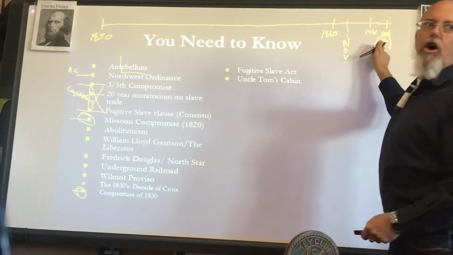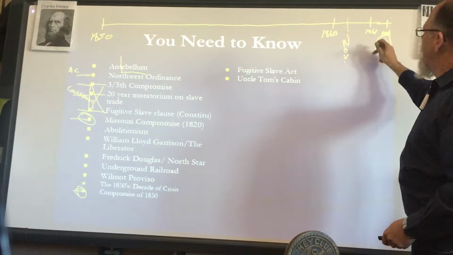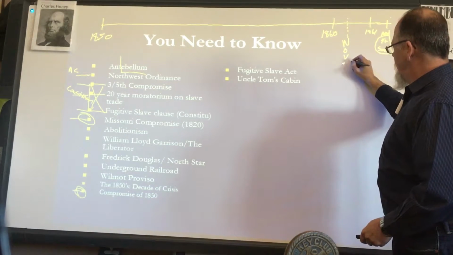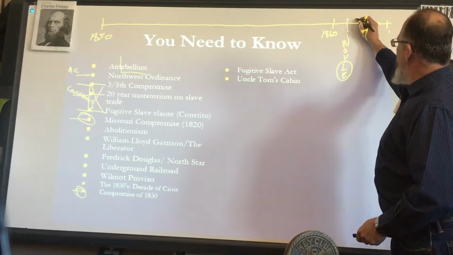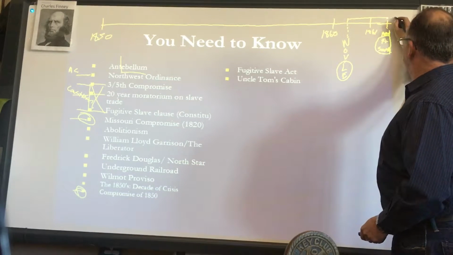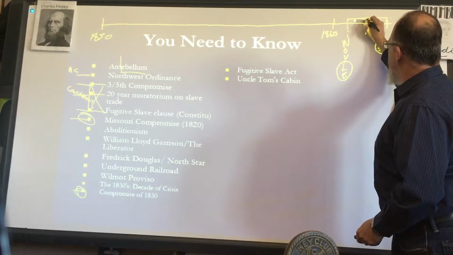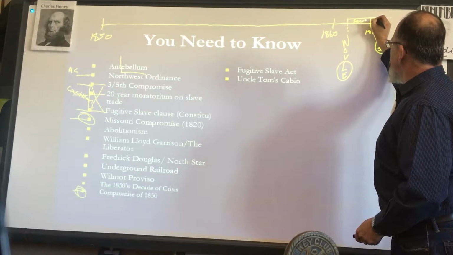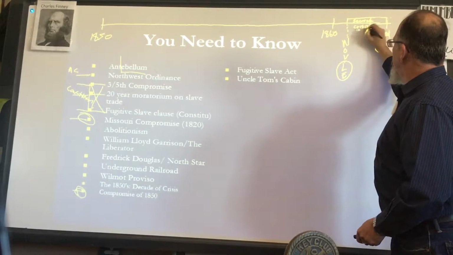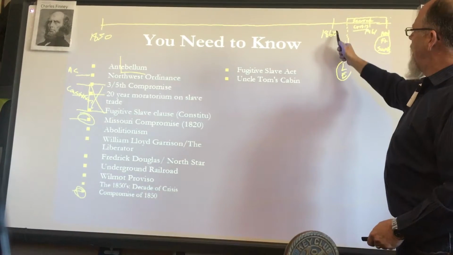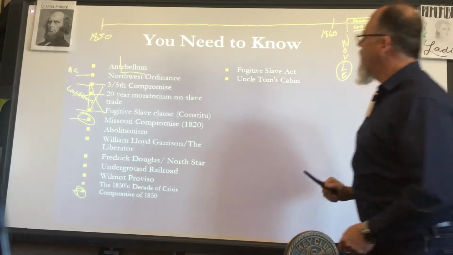Fort Sumter is the start of the Civil War. November is Lincoln is elected. Between November and April, you have what we call the secession crisis. Okay? 1860 is the election year.